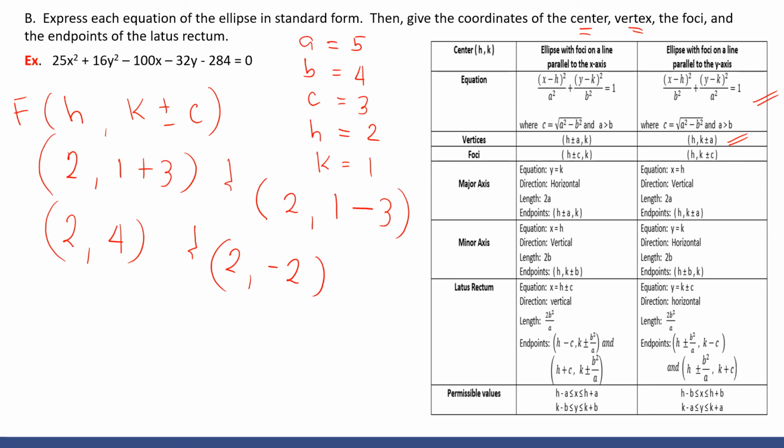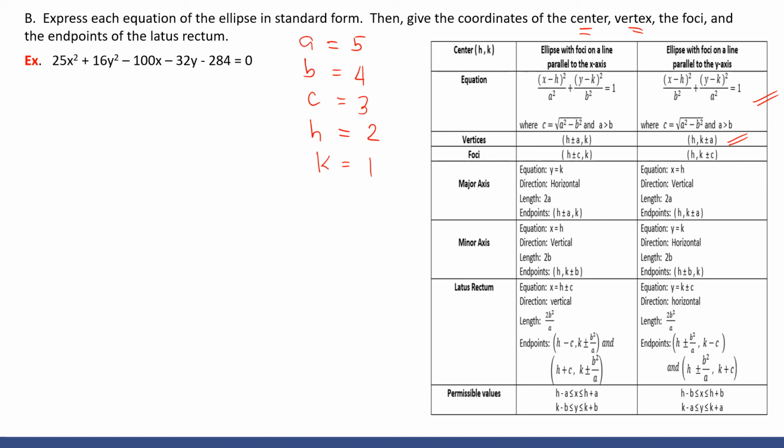Lastly, the endpoints of the latus rectum. Let's erase this again. Okay, let's look at the pattern. We have this endpoint or endpoints h plus minus b squared over a. Let's go one by one. We have h plus minus b squared over a, and then, comma, k minus c.